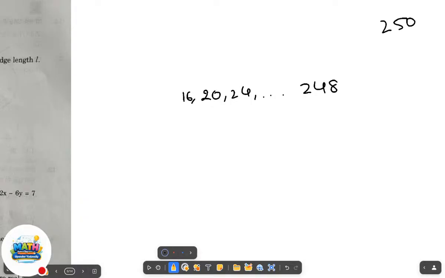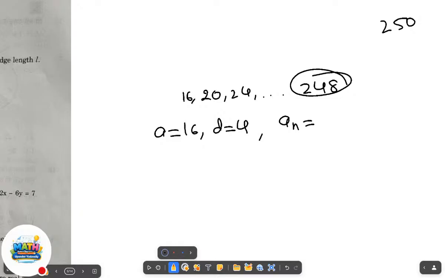Now if you observe, this is an arithmetic progression, because every term is increasing by 4; the difference between every two terms is 4. So here the first term is 16, the common difference is 4, and the last term, the nth term, is 248. We need to find the n value.